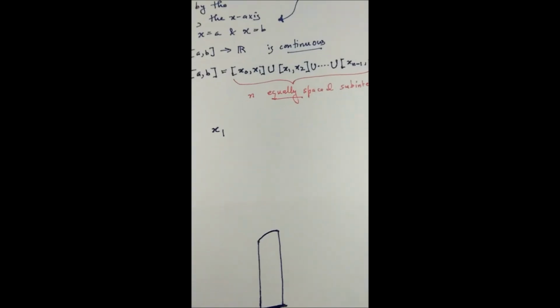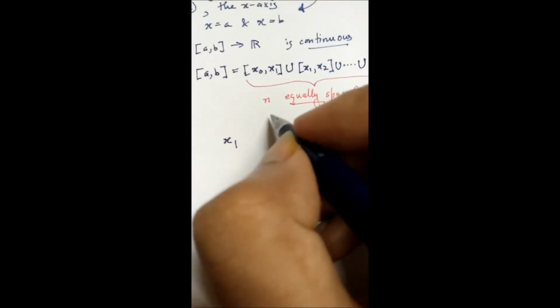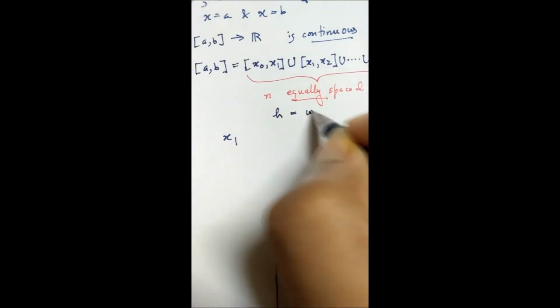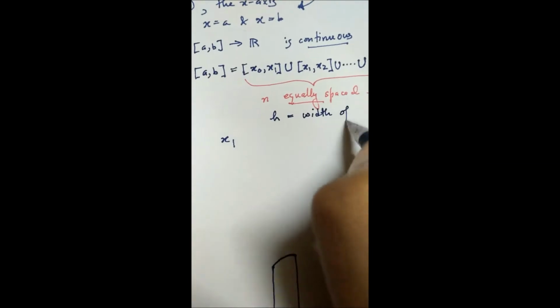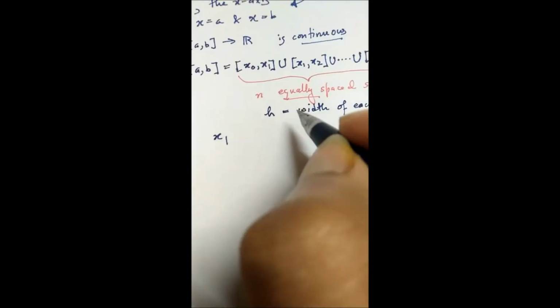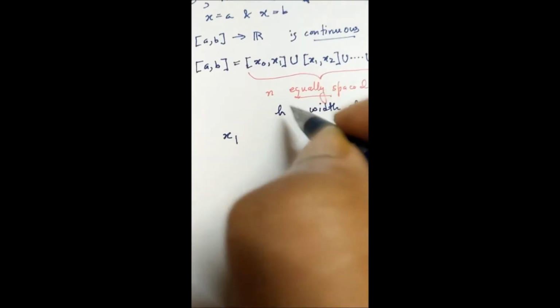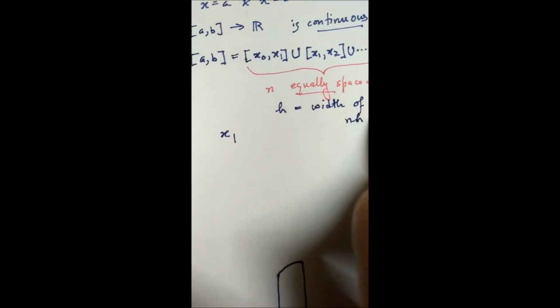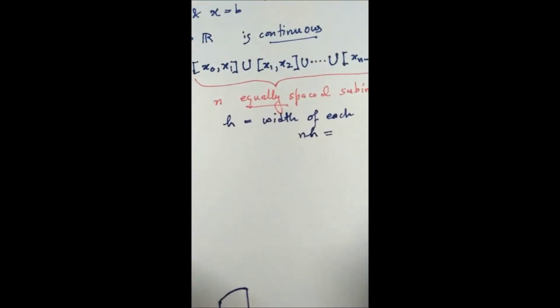And if the width of each of these subintervals be h, and there are n subintervals, then what do we have? Obviously nh would be the total width.